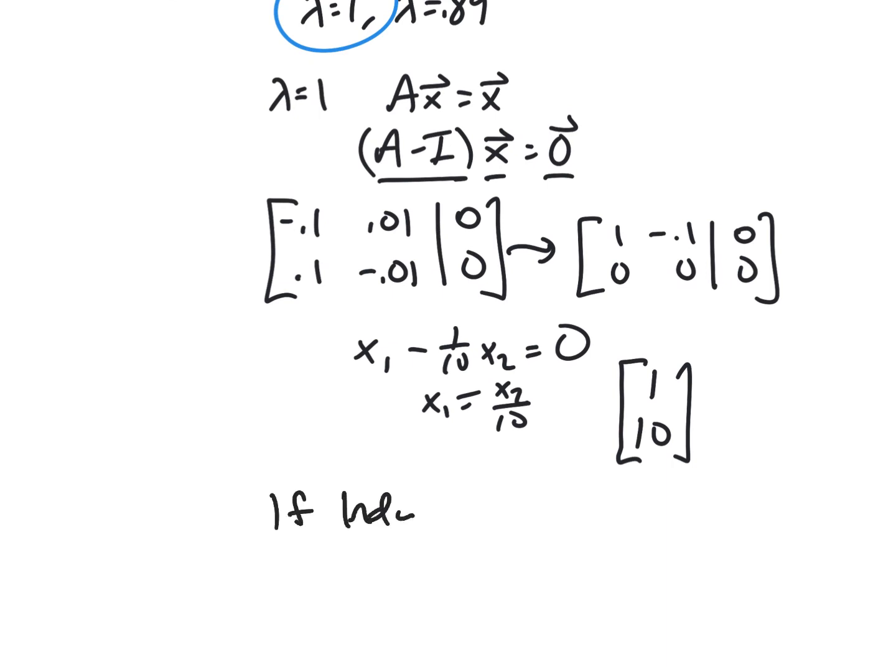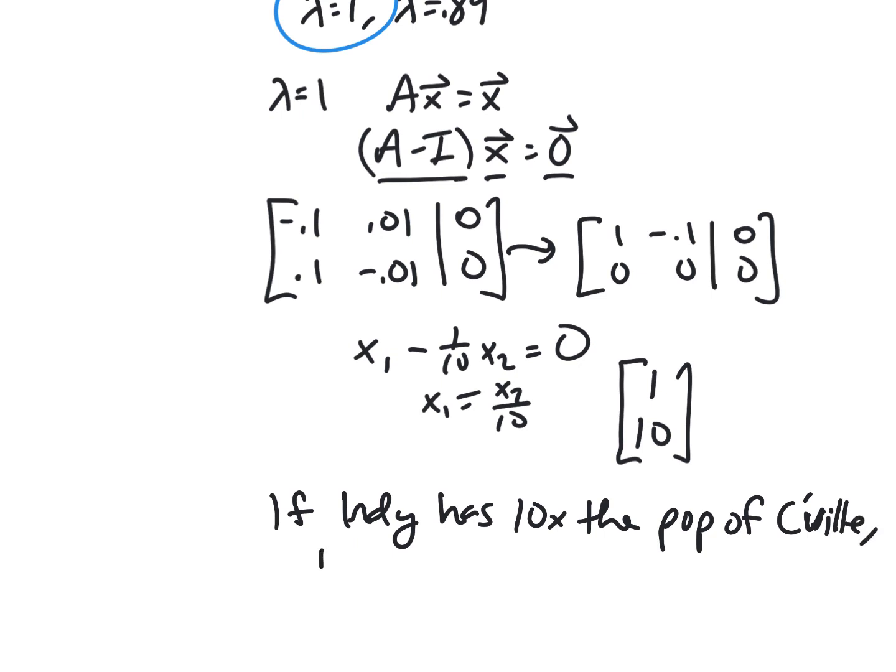If Indy has 10 times the population of Crawfordsville, this is a steady state, right? Because this says that if I apply my matrix, then I will get x back. So if they reached, I don't know, 50,000 and 500,000, something like that, then you would have a steady state and it would stay like that forever.